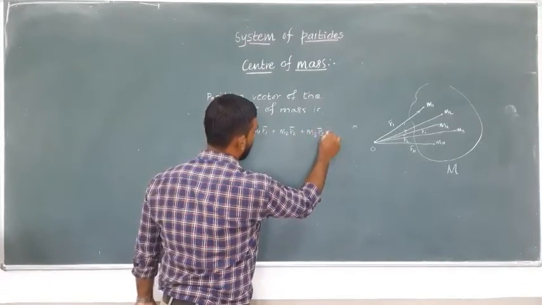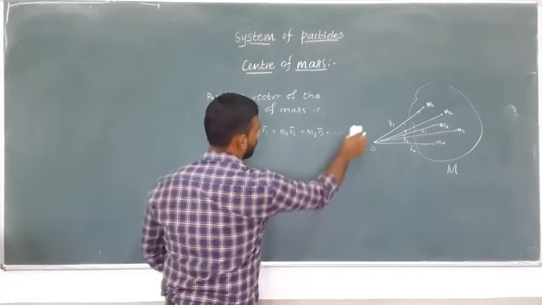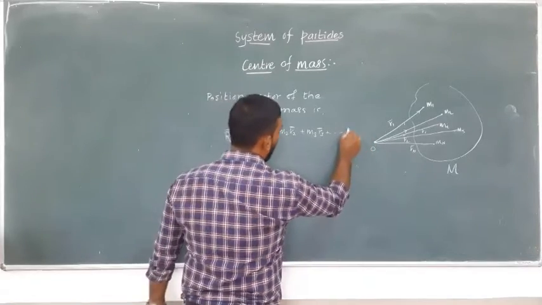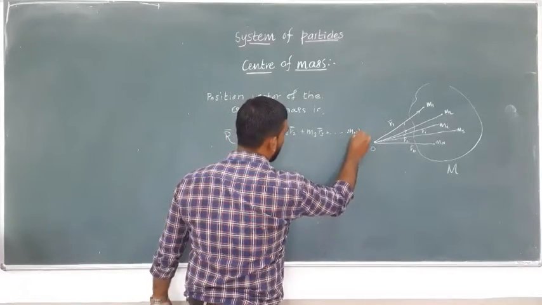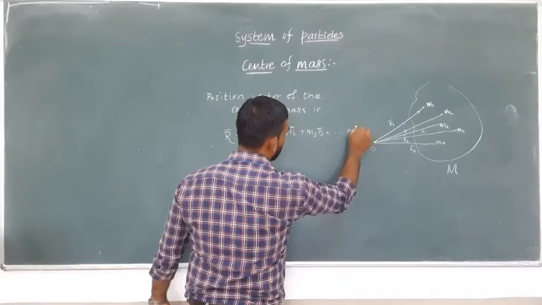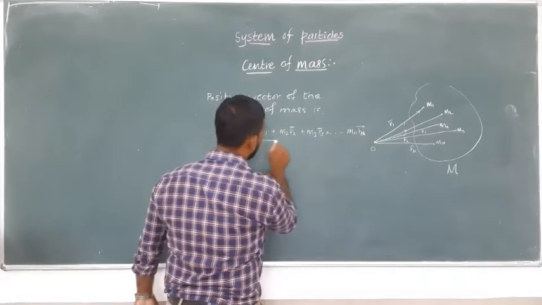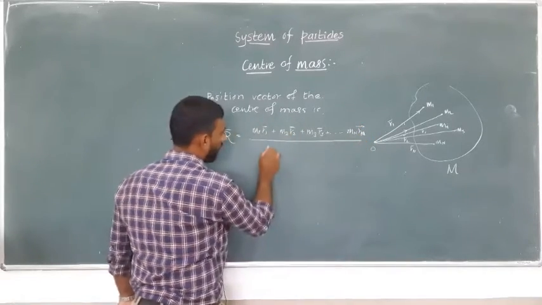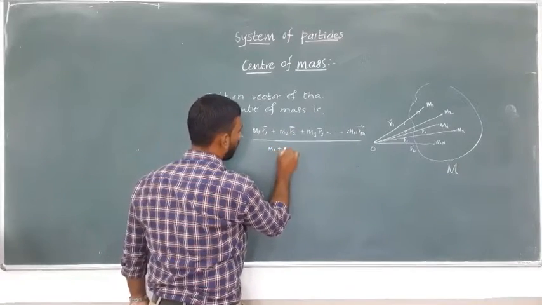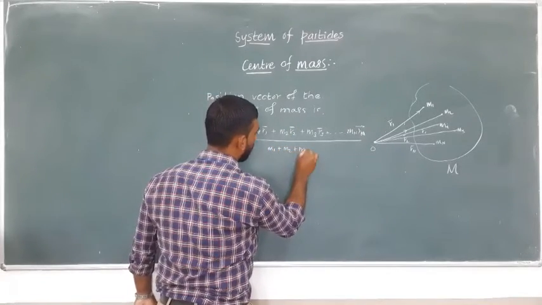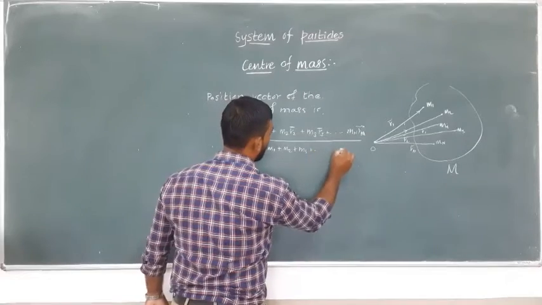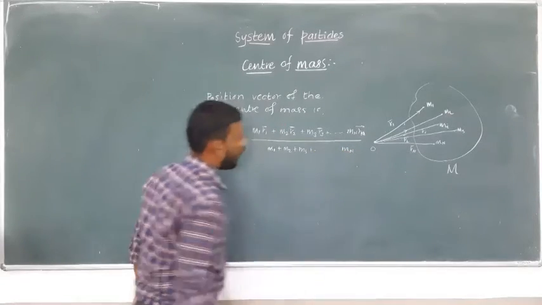m3 r3 bar, and so on up to mn rn bar, and it is a weighted average basically. So again, divided by m1 plus m2 plus m3 up to mn.